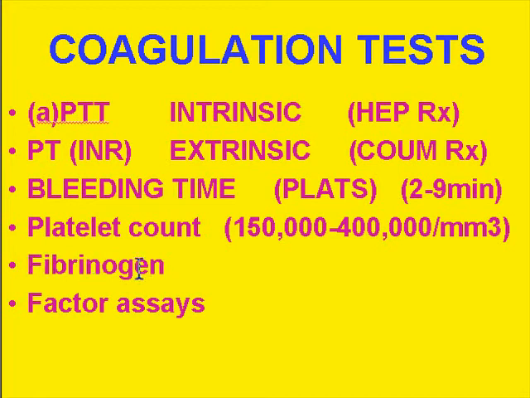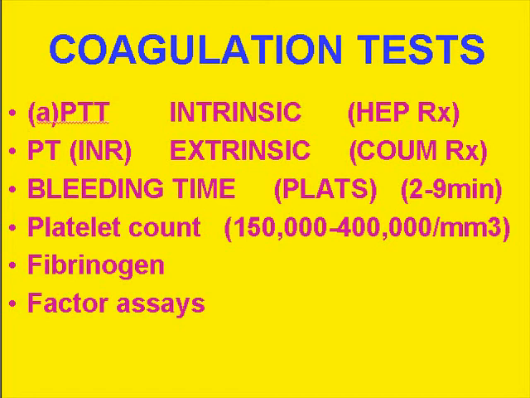That can be consumed in a lot of hemorrhagic processes. And remember, if you have to, you could measure almost any one of those factors that we talked about if you suspected a specific factor deficiency. In clinical medicine, you're really going to be using your APTT, your INR, your platelet count, and your bleeding time for most common coagulation tests.